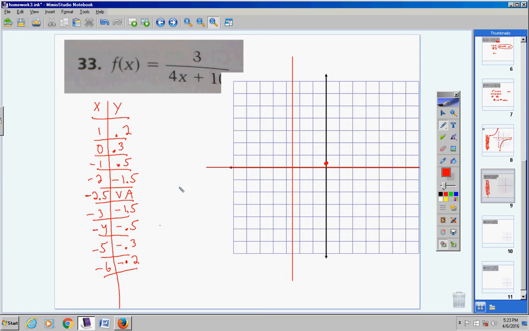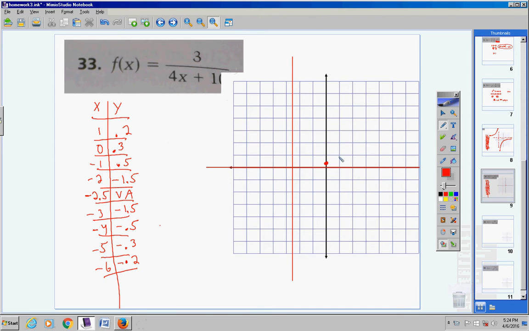So let's see what we have here. Okay, here we go. 1 is at 0.2. So right here. And I wonder if that's a mistake. I don't think it is. Let me check and see. No, that's correct. We're good.